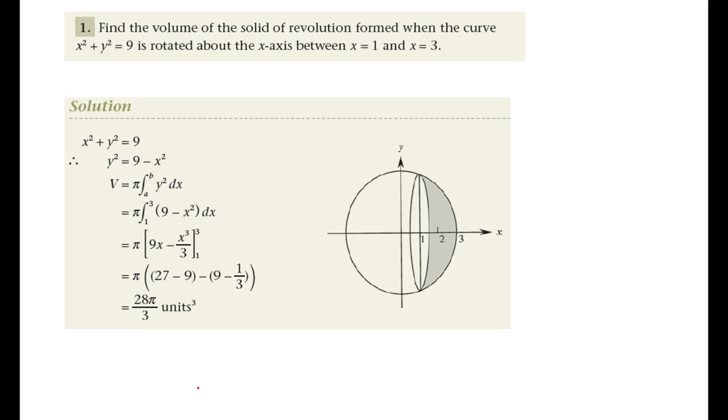Now, when you're doing these, just remember, always give your answer in terms of pi, unless you're asked to give it to a certain number of decimal places, because 28 pi over 3 is the exact value.